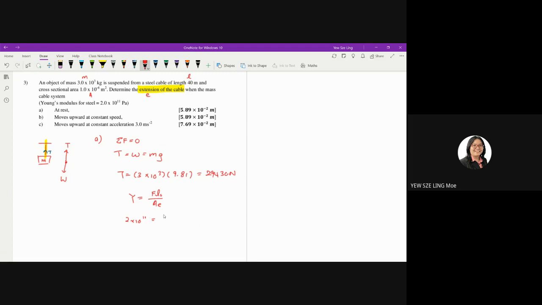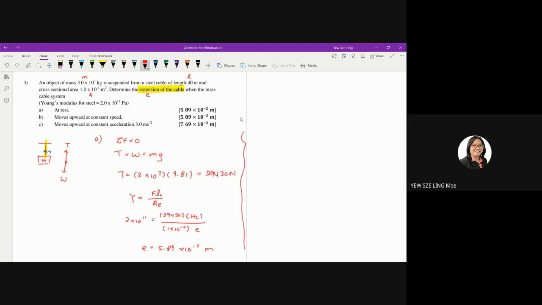So we have tension 29430, the initial length is 40, divided by the cross-sectional area 1 times 10 to the power of -4, and the extension is the thing we want to calculate. So now rearrange the equation. E is then equal to 5.89 times 10 to the power of -2 meter. All right, so that is the answer for question A.